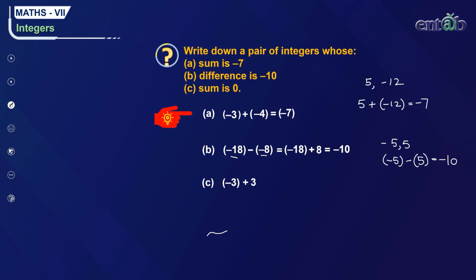Negative 3 plus 3 gives 0. Note that negative 3 is the additive inverse of 3 and 3 is the additive inverse of negative 3. Another such pair can be negative 5 and 5. So, negative 5 plus 5 is 0. I hope this was clear to you. Let's look at the next problem.